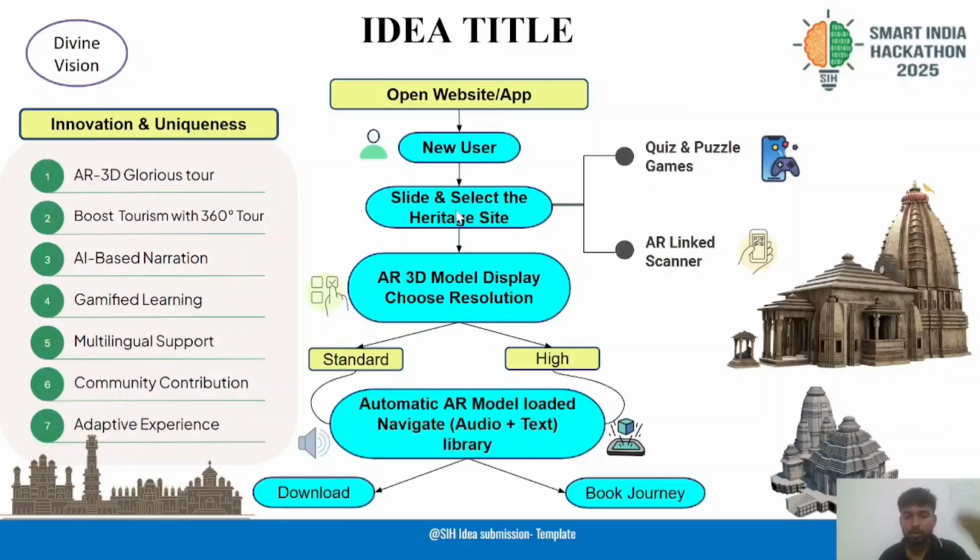They select a 3D model and choose the resolution according to their internet speed. If they choose standard quality, the 3D model loads easily and works on very low internet. But if they choose high quality resolution, they see a high quality video but it needs more internet.